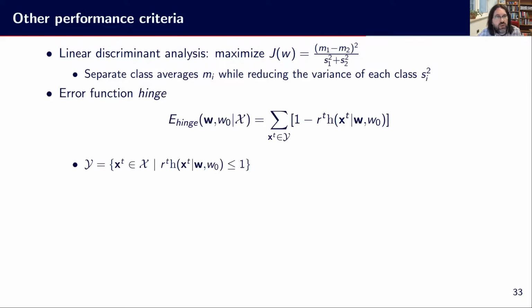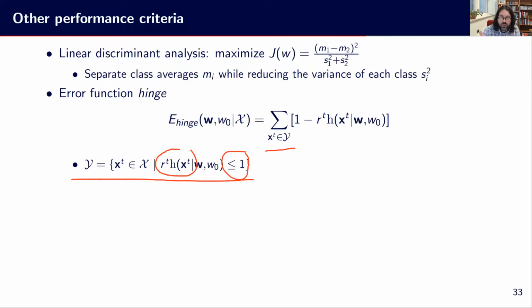We also have what we call the hinge error function. It's like the perceptron, we are making the sum over the misclassified samples, but not exactly the misclassified. We are looking at the samples where the product of r_t and h of x_t is smaller than 1.